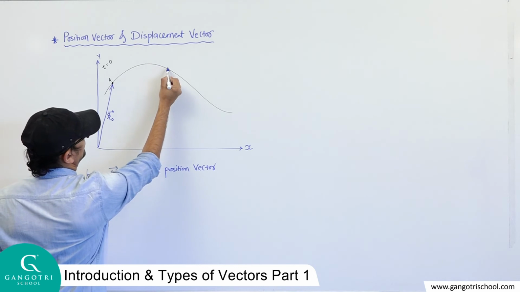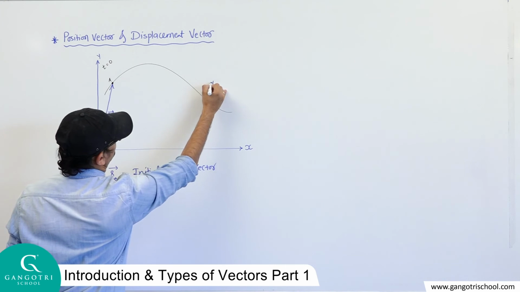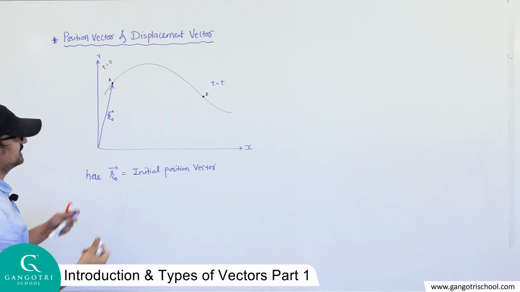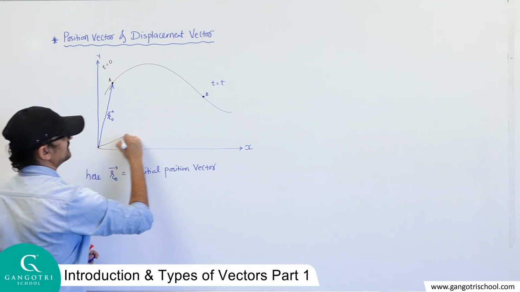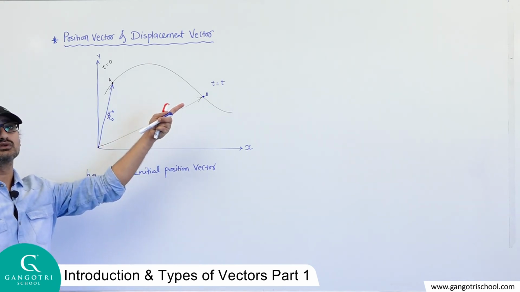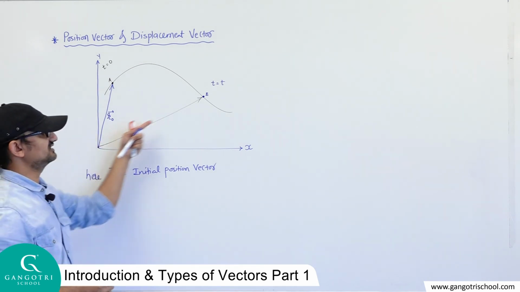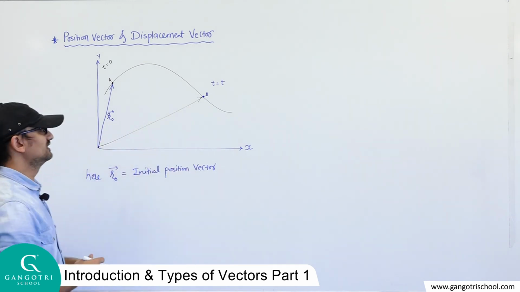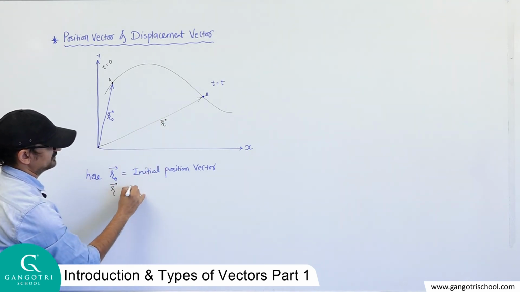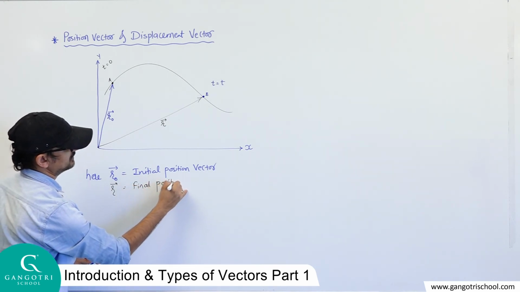Suppose after some time, at time t equals t, the particle reaches point B. Again with respect to the origin, I'll draw another arrow. This other arrow also represents the position of the particle, but it represents the final position. Let's call it R. So here R is known as the final position vector.